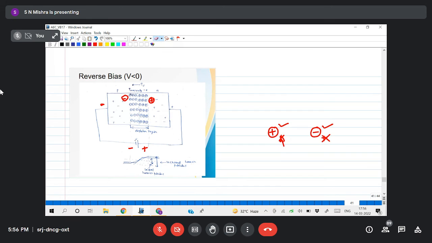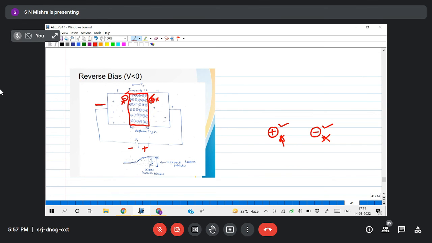The hole is taken out, so it leaves behind one negative ion which was added here. Similarly, if this electron is taken out, I'll get one positive ion here. Due to this, the depletion region will increase.